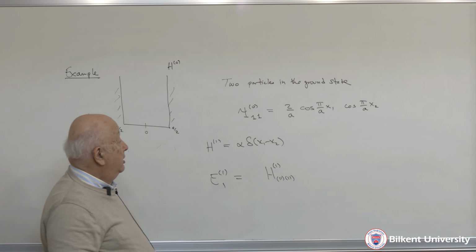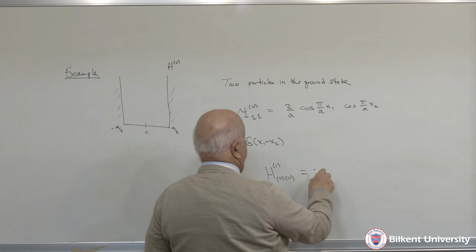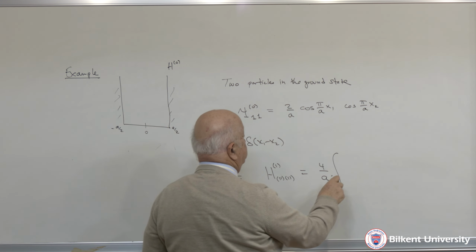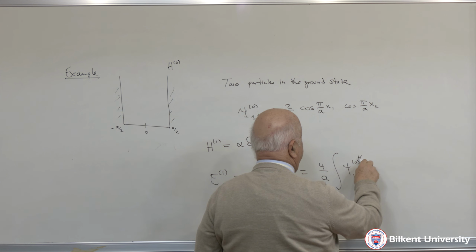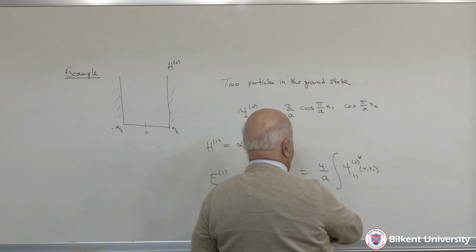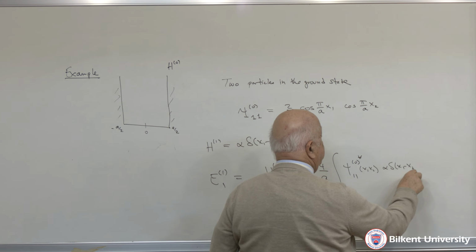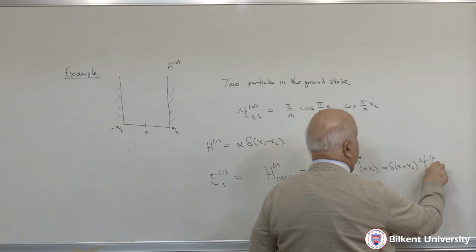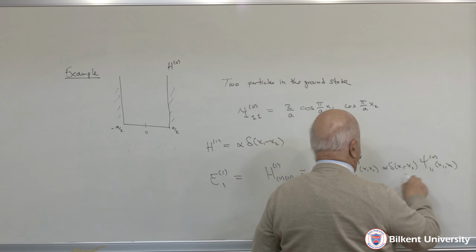That means I'm going to get the square of this, so it's going to be 4 over a, and psi 1, 1, 0 complex conjugate of x1, x2, H1 itself, alpha delta x1 minus x2, and psi 1, 1 again, 0 of x1 and x2.